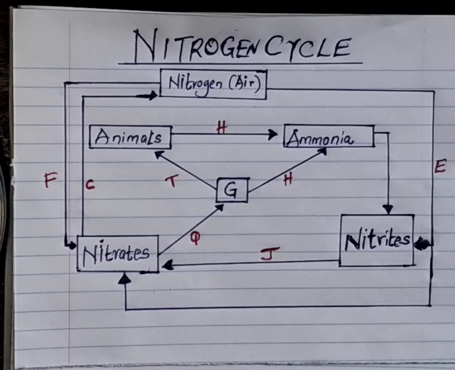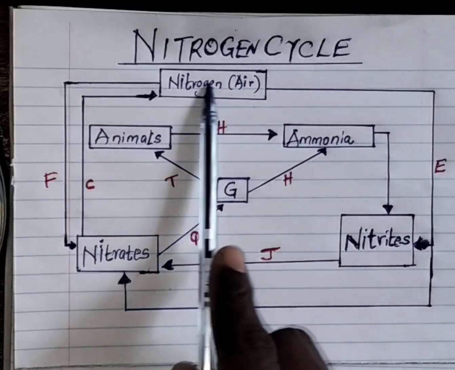Let us see the kind of questions you expect in these flow charts. Oh, there is one more before we go to the questions. Nitrates to nitrogen in the atmosphere.